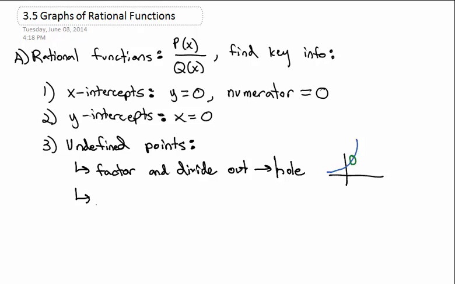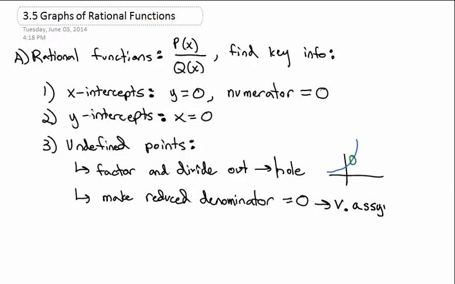The other option is if it doesn't divide out, we look at what's left after the reducing, and we make the reduced denominator equal to 0. Because that's going to give us a vertical asymptote.